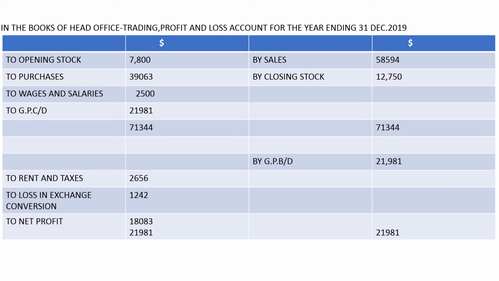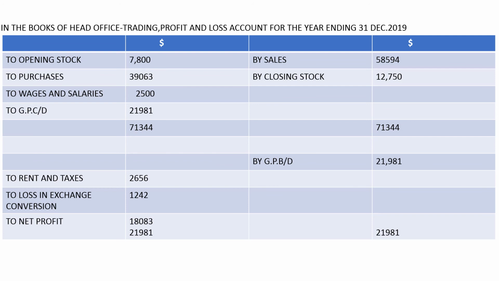By sales, $58,594. Closing stock, 12,750. The credit side total is coming 71,344. When we take it to the debit side, 71,344, gross profit comes to GP carried down, 21,981.